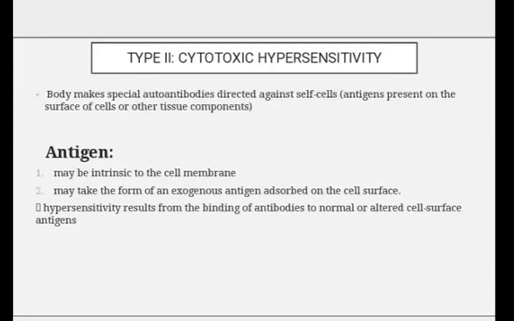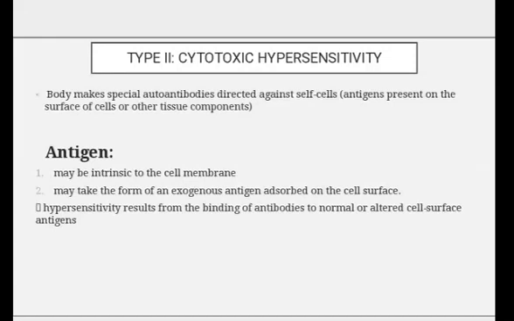Type 2 reaction is a cytotoxic hypersensitivity, in which the body makes special antibodies directed against antigens present on the surface of cells and other tissue components. The antigen may be intrinsic to the cell membrane.